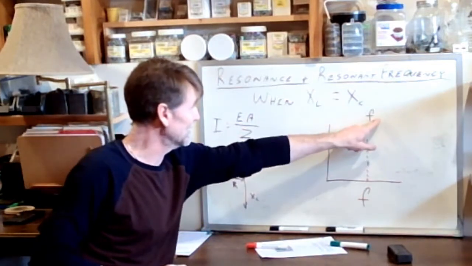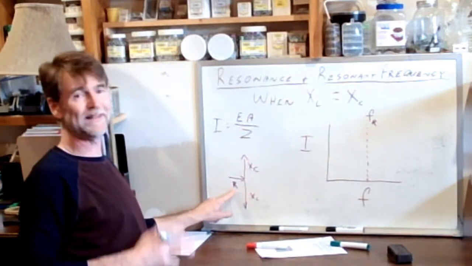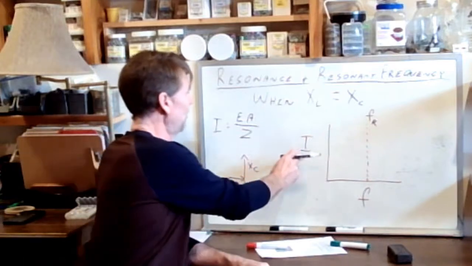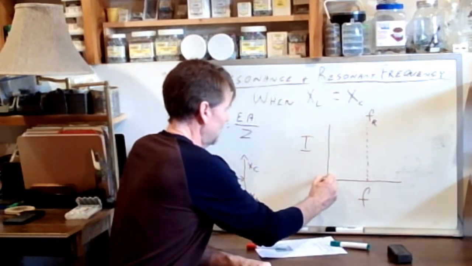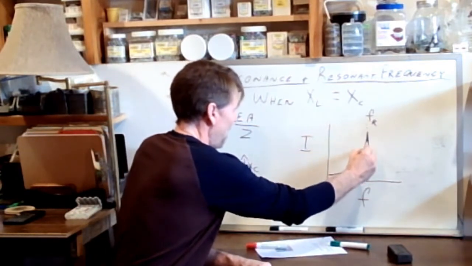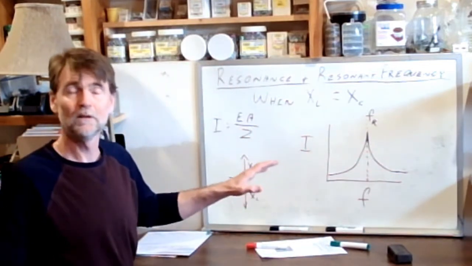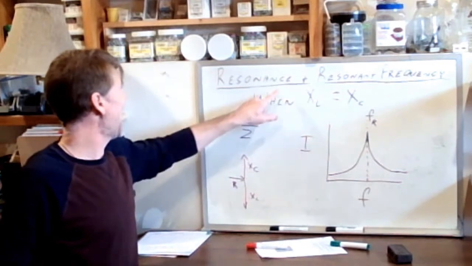But at the moment that we hit resonance, we have only R to inhibit the flow of current through our circuit. And so the current looks like this.